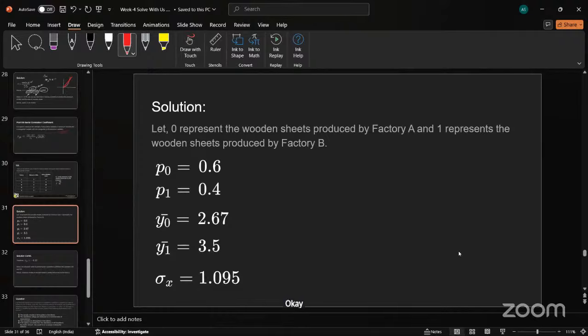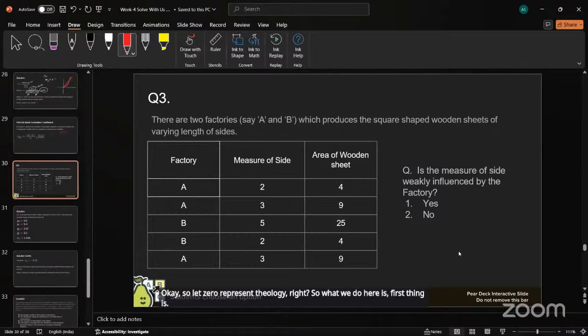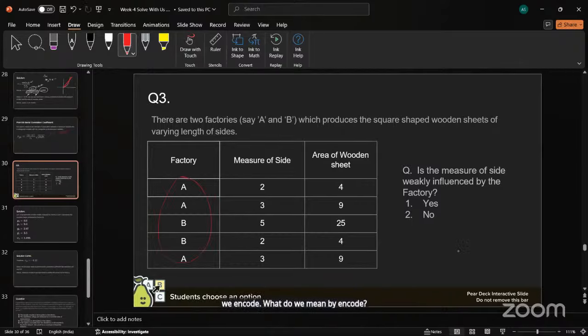So let 0 represent the wooden sheet produced by factory A. The first thing we do is encode. What do you mean by encode? There are two categories, A and B. One category you give 0 and the other category you give 1.